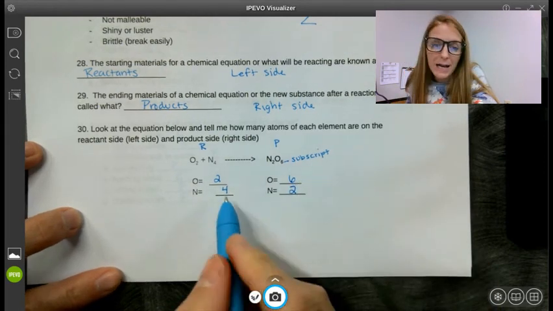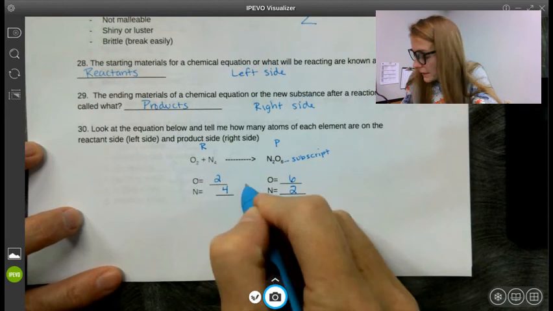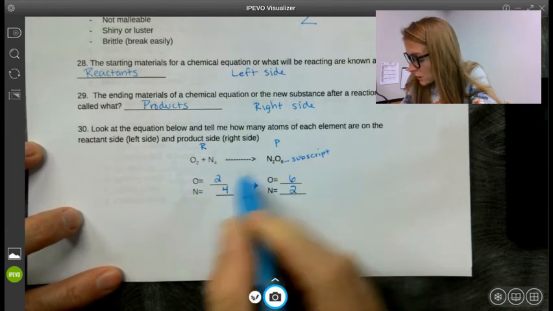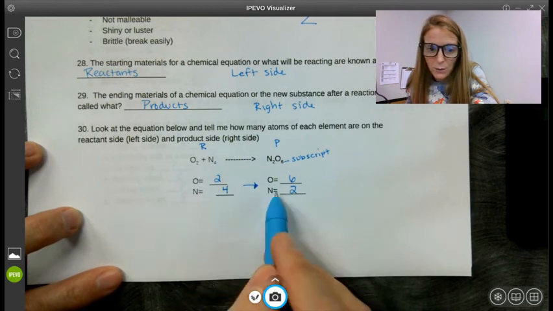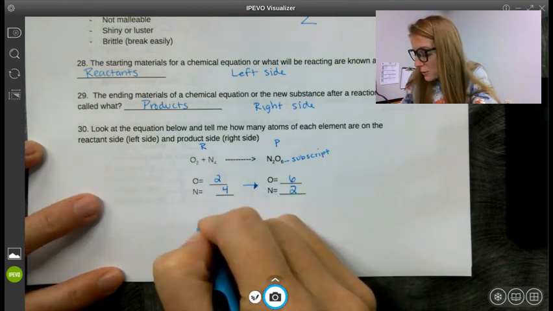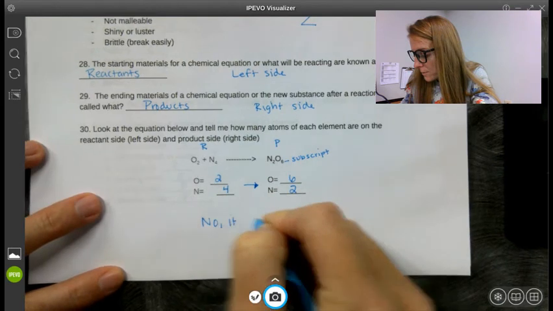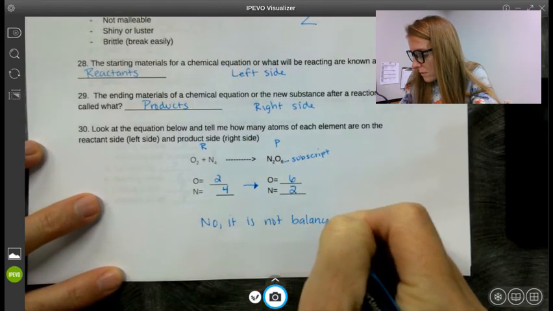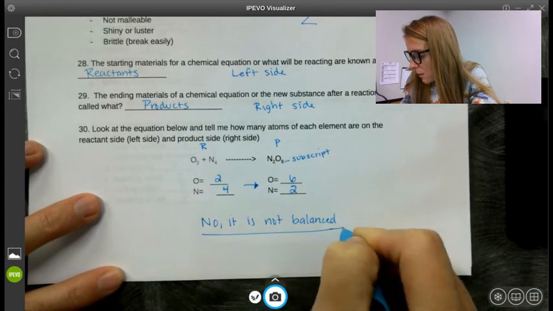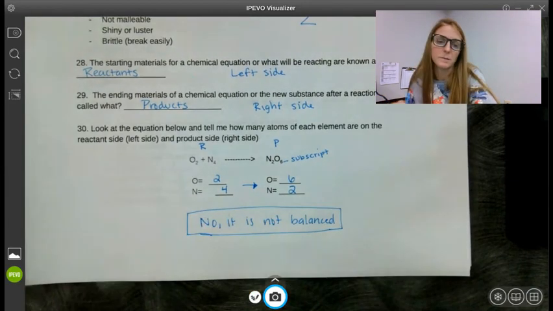So the other thing I might ask is, is this equation balanced? So here's your equation. You have 2 oxygen, 6 oxygen. So that's not balanced. And you have 4 and 2. So is this equation balanced? No, it is not balanced.